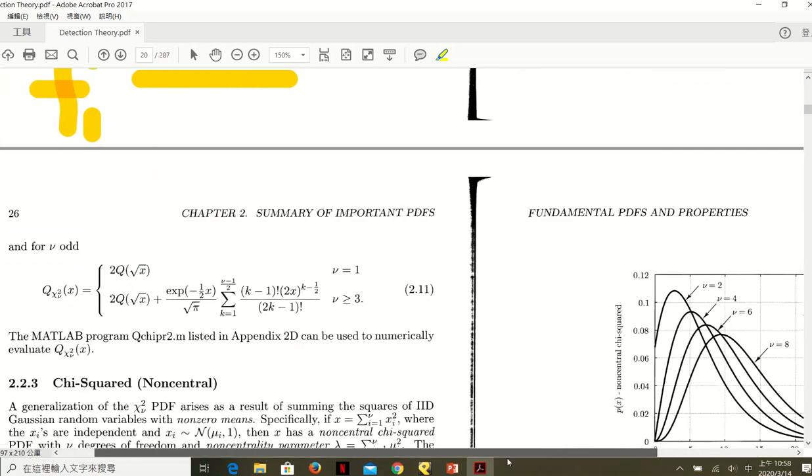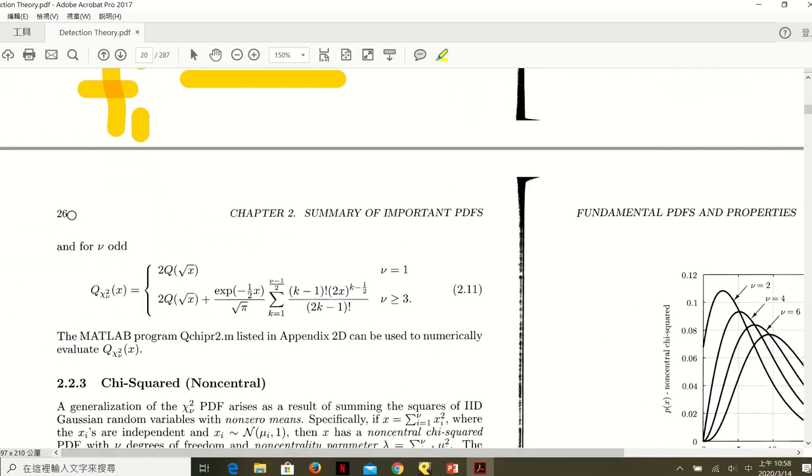And now we go to page 26. For v odd, we have this form: Q of chi-square v of x equals 2Q of the square root of x for v equal to 1. If v is larger than or equal to 3, then it's 2Q of the square root of x plus this thing, and then the summation of this.